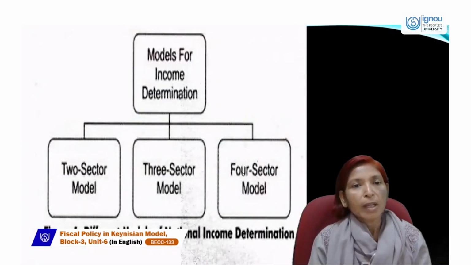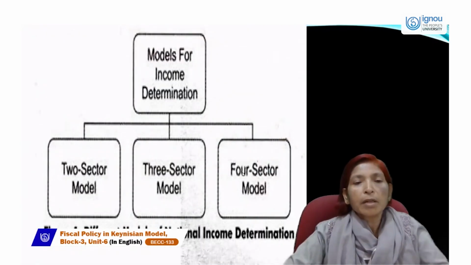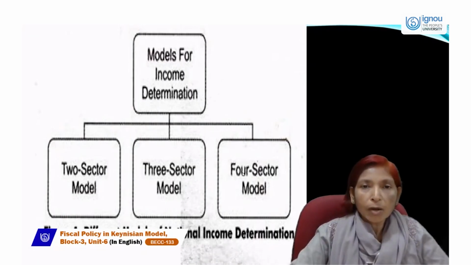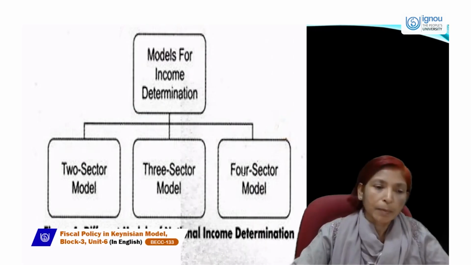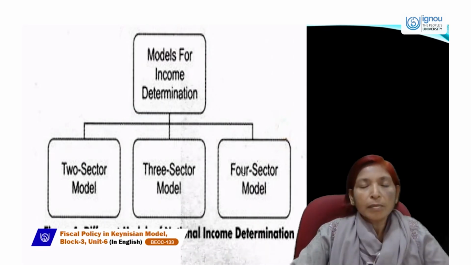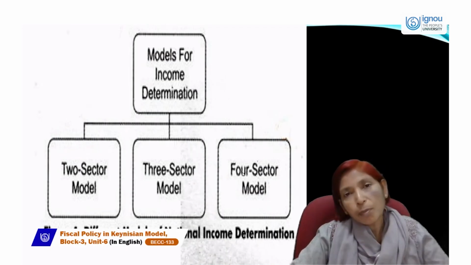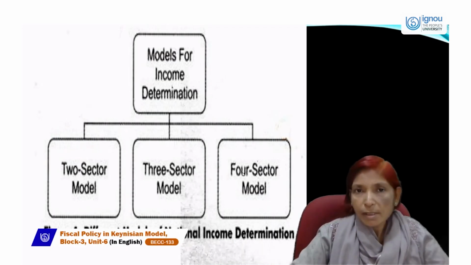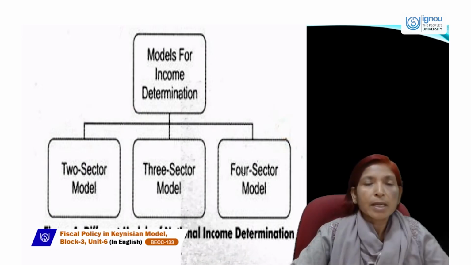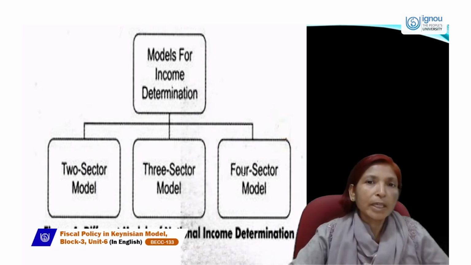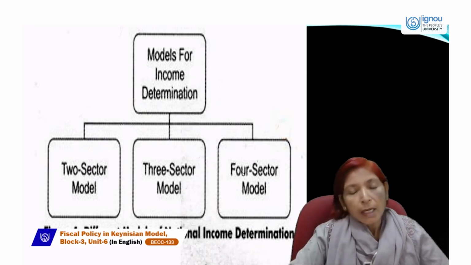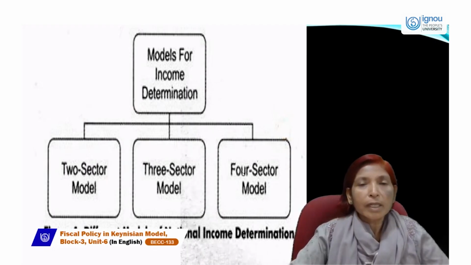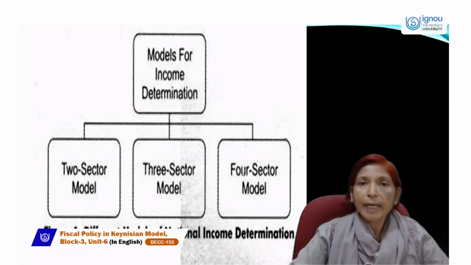Now next is models for income determination in a two sector economy, in a three sector economy, and in a four sector economy. You know that national income can be determined with the help of these models. In a two sector economy, we always take two sectors like household sector and firm sector.